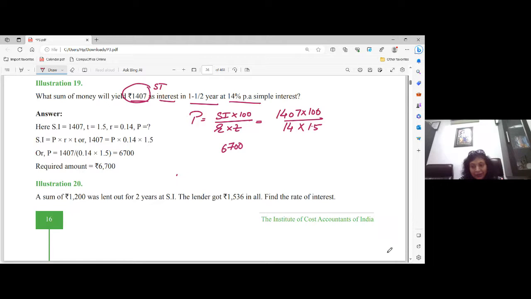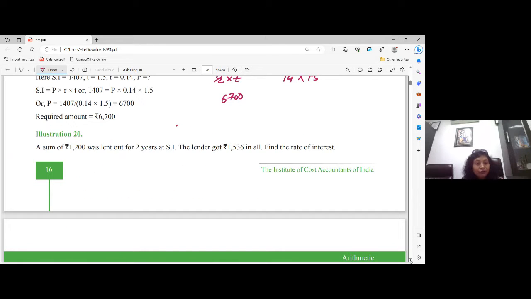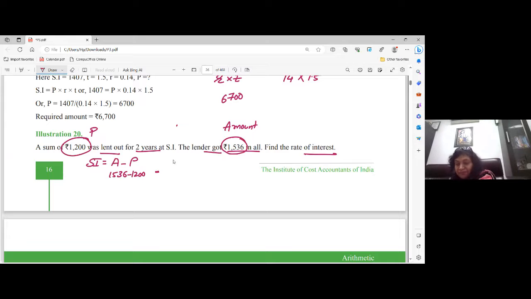Now, similarly, in the next question, a sum of rupees 1200 was lent out for 2 years at simple interest. The lender got 1536 in all. So this is the amount, and we have to find out the rate of interest. Sum of rupees 1200, you have been given, is the principal. So simple interest is amount minus principal, this is 336.